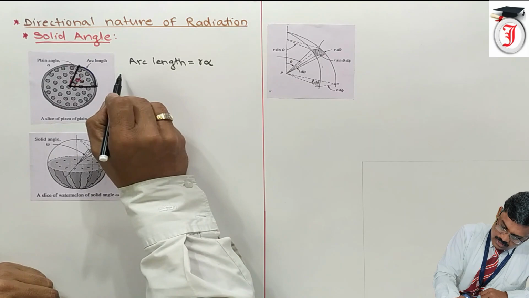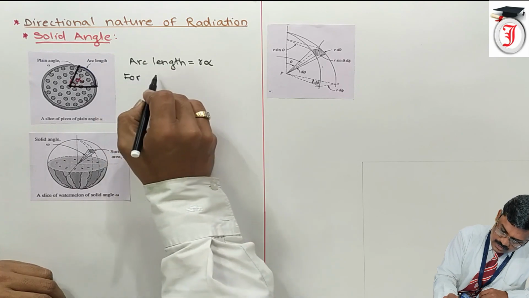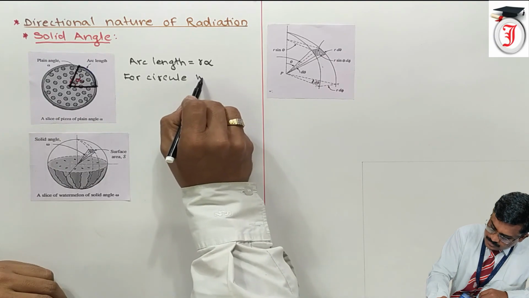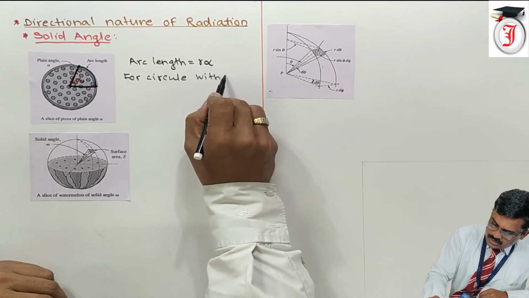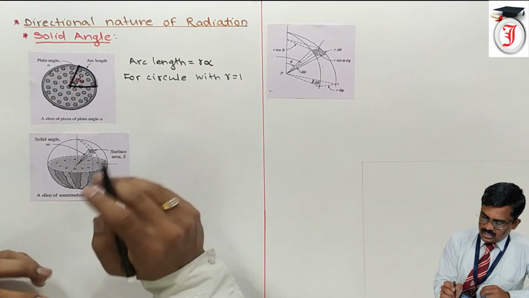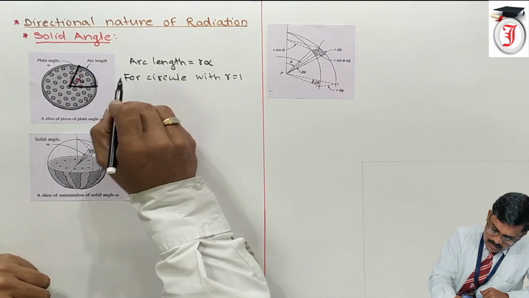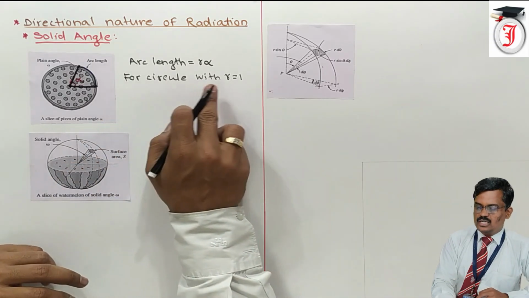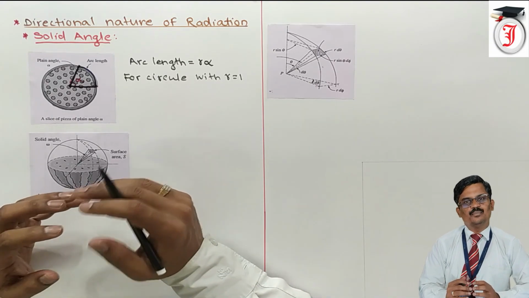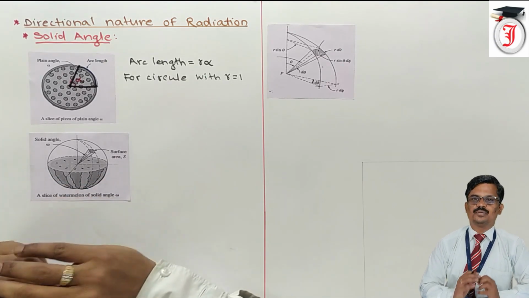Now for a circular pizza, for a whole circle, let us consider a circle with radius r equal to 1. For unit radius, for a circle with radius r equal to 1, the arc length is equivalent in magnitude to the plane angle subtended.